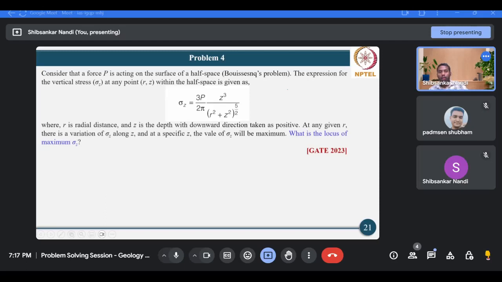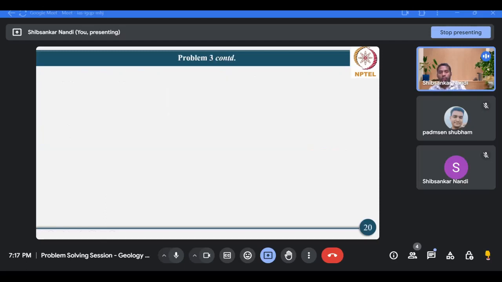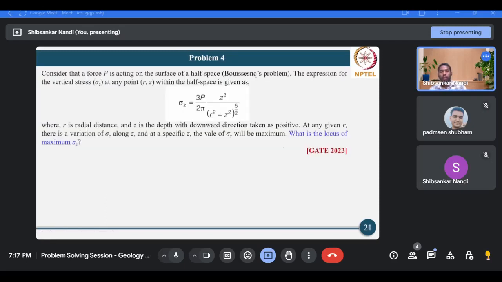Now we'll take another problem on this topic. And again, this problem was given in GATE examination 2023. So in this problem, consider that a force P is acting on the surface of a half space. Boussinesq problem, as you can understand. The expression for the vertical stress at any point R, z within the half space is given.